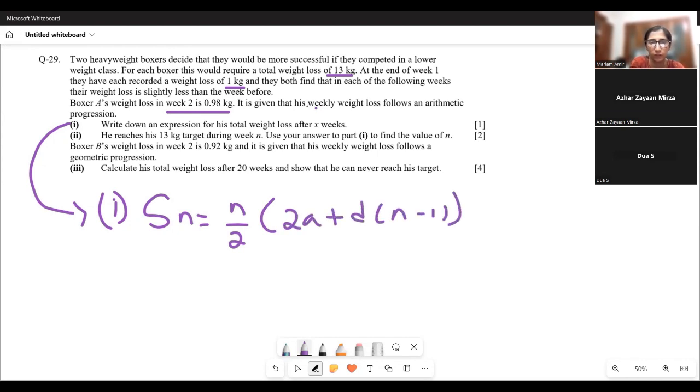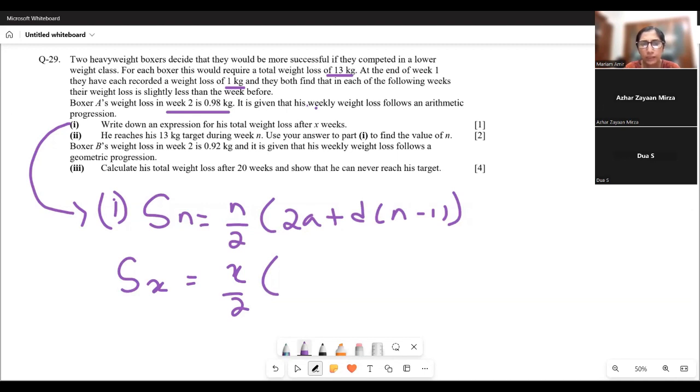So instead of Sn, we write Sx equals x upon 2 times, do we have a? No, we don't know the beginner's weight. Write down expression for total weight loss after x weeks.